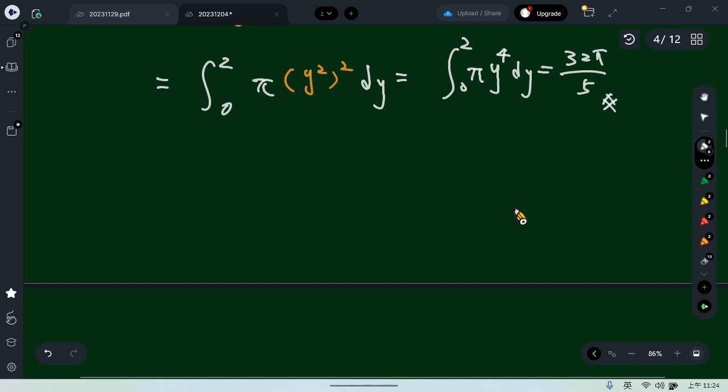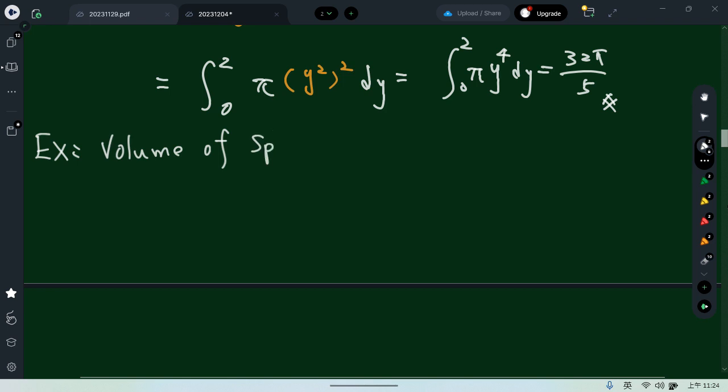So let me show you another example, where we try to calculate the volume of a sphere. So what is a sphere? 一个球, right?